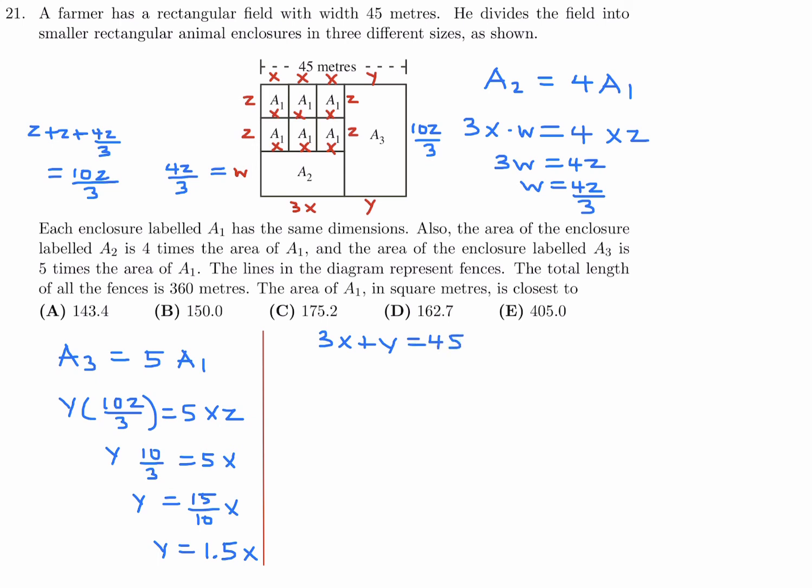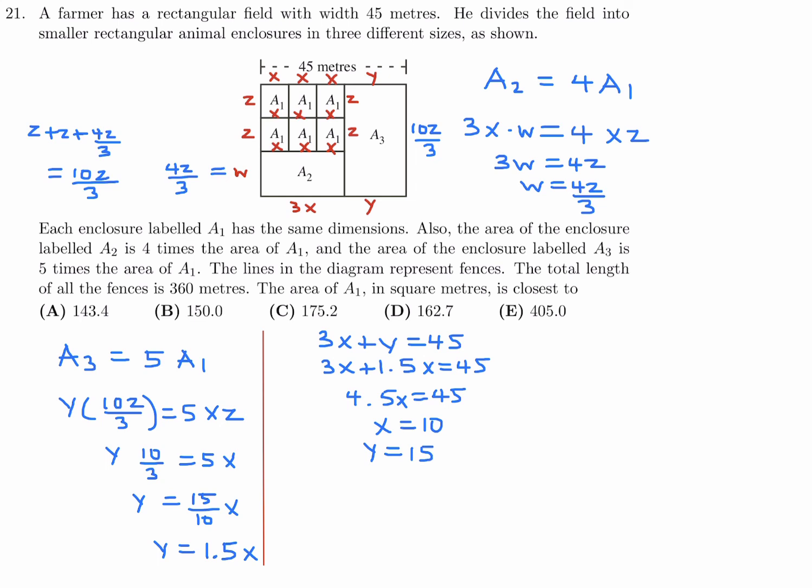And that's a pretty helpful piece of information, because now we can substitute this into that equation I just drew. So that's going to be 3x plus 1.5x is equal to 45. So that means 4.5x is equal to 45. Therefore, x is 10. And therefore, if x is 10, I can substitute that in here. Therefore, y will be 1.5 times 10, which is 15.